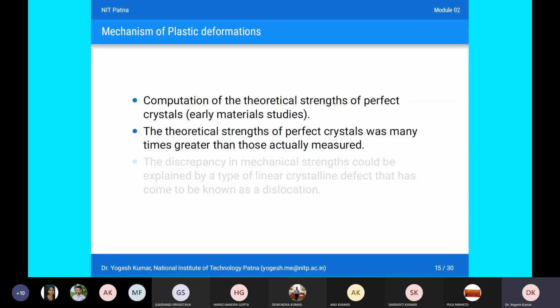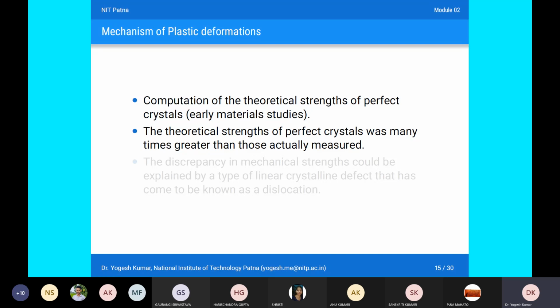But when we compare this theoretical strength of materials with the actual observed value of the material, what is happening? The theoretical strength of a perfect crystal is many times higher than the actual measured value.